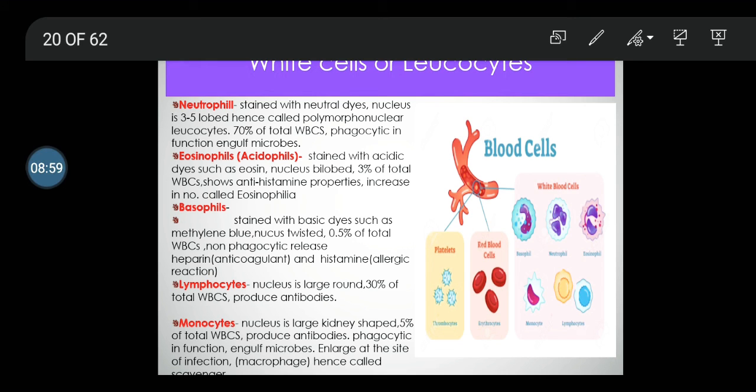Lymphocytes. Nucleus is large, round. They are 30% of total WBC and produce antibodies.